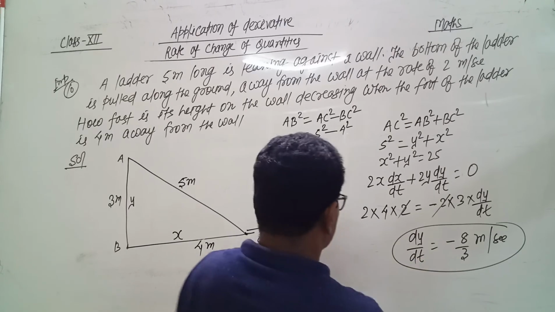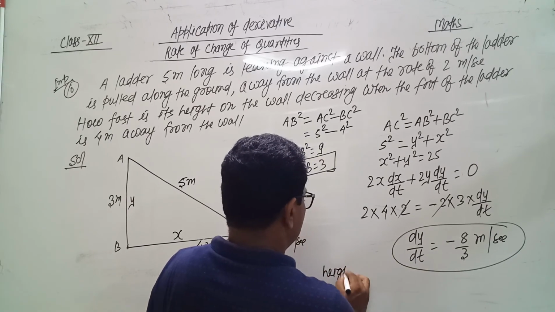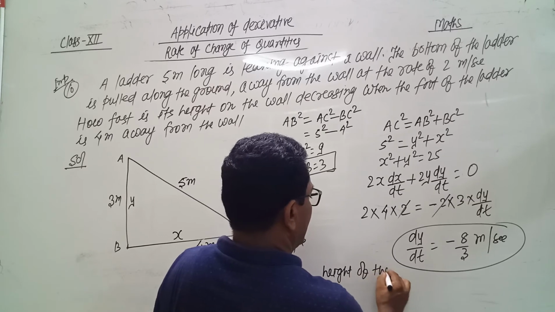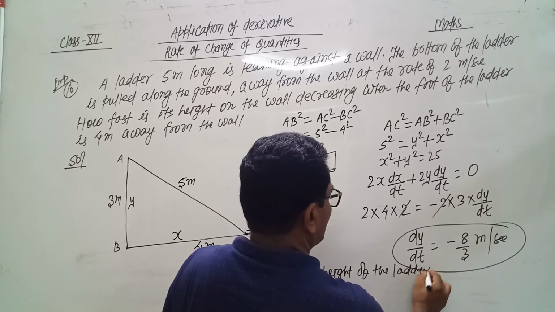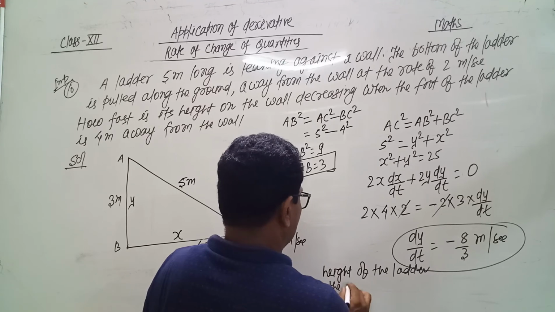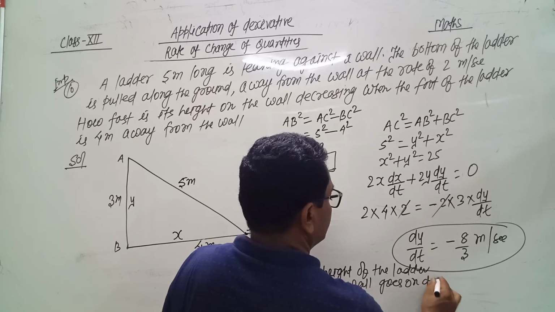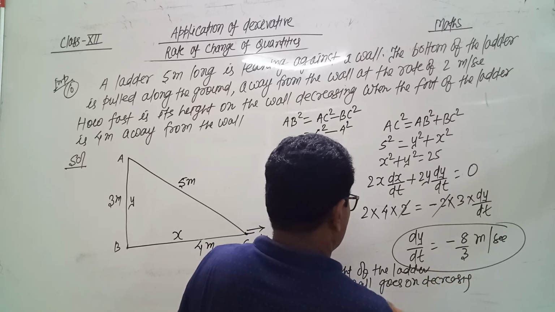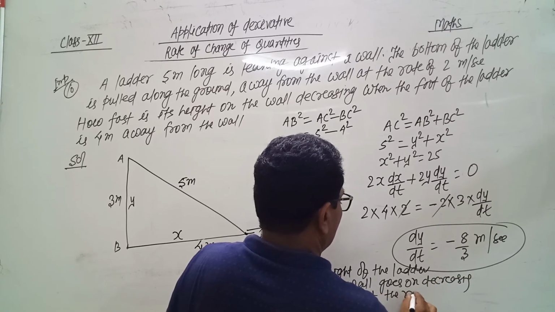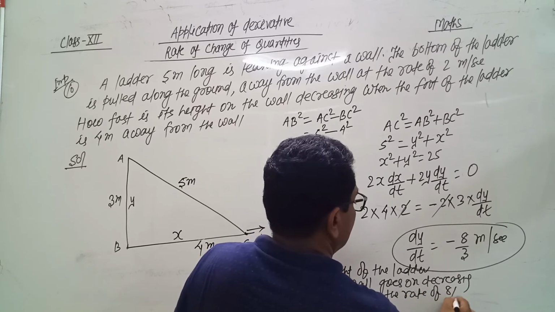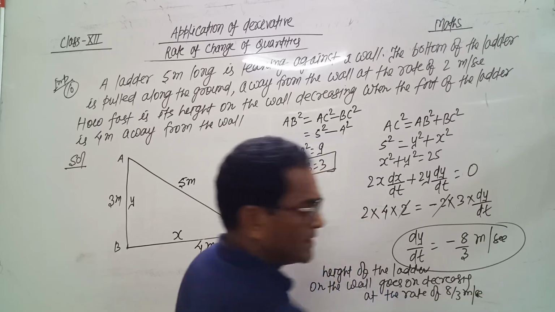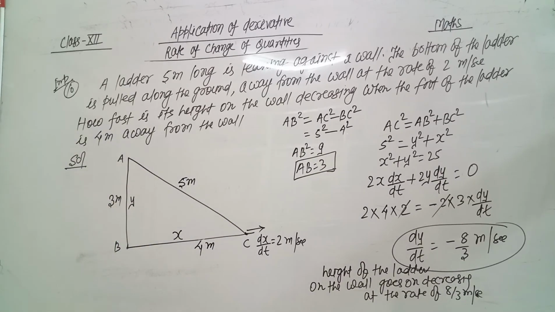The height of the ladder on the wall goes on decreasing at the rate of 8 by 3 meter per second. So the minus sign indicates the direction, whether it is increasing or decreasing.